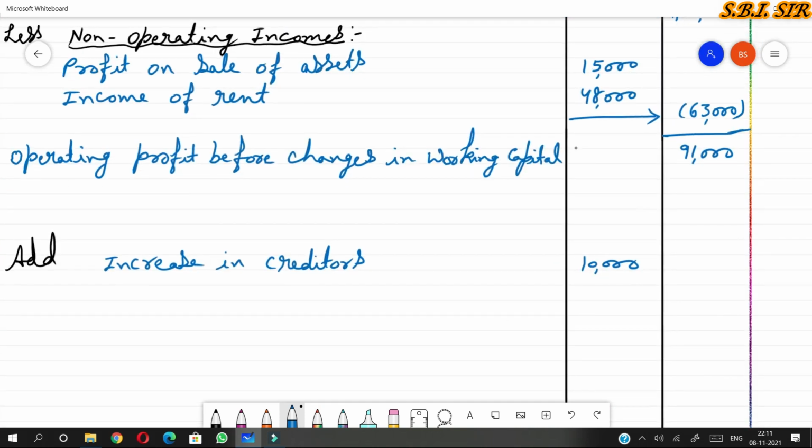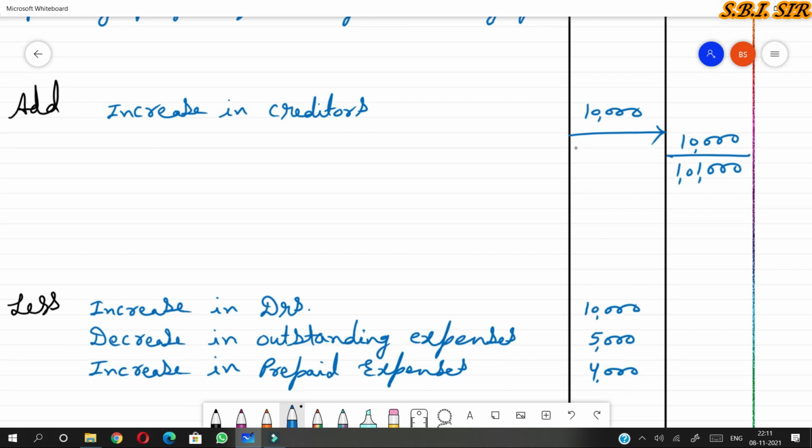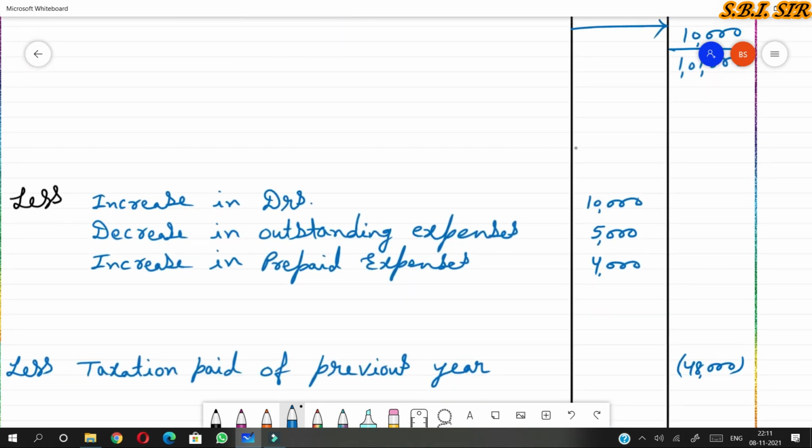Then here's total 10,000. 91,000 plus 10,000, we will get 1,01,000. Here's total 10,000 plus 5,000 plus 4,000. We will get 19,000.